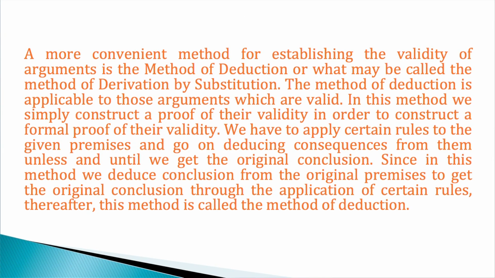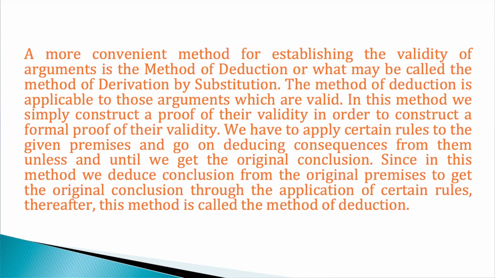A more convenient method for establishing the validity of an argument is the method of deduction, or what may be called the method of derivation by substitution. The method of deduction is applicable to those arguments which are valid. In this method, we simply construct a proof of their validity.